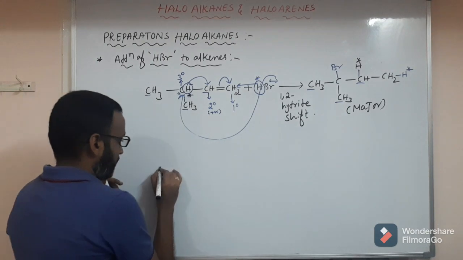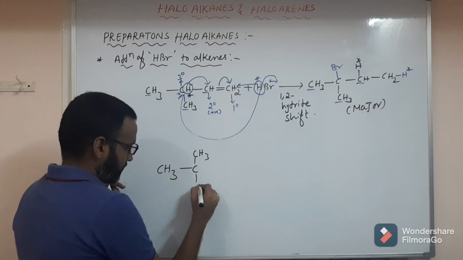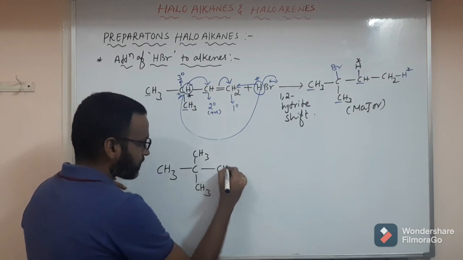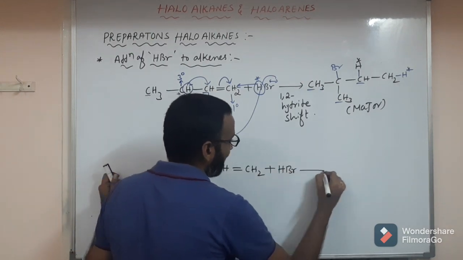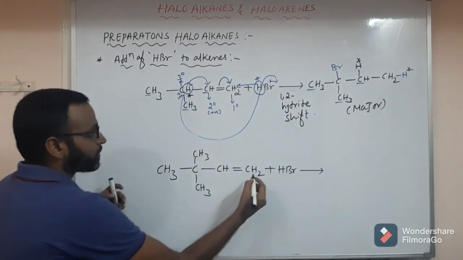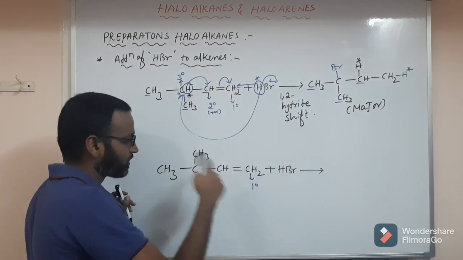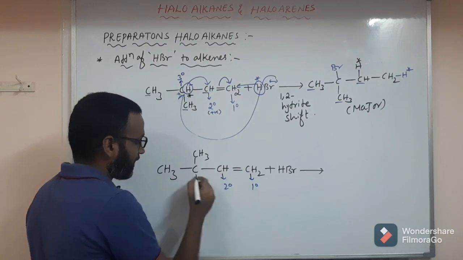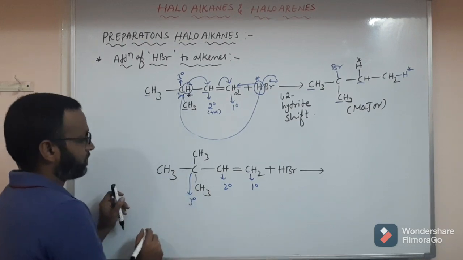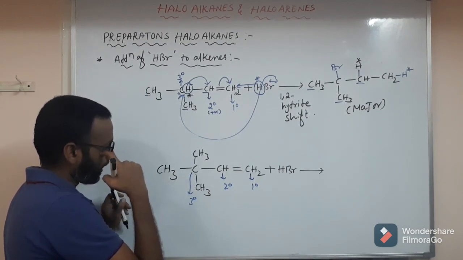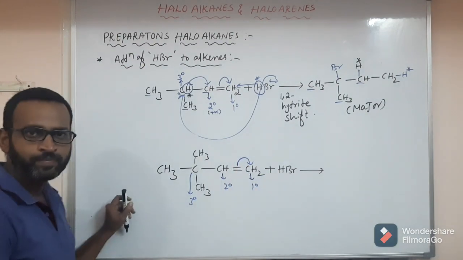You can have a 1,2 methyl shift in the same manner. You have this CH, double bond CH. First you have to observe what we have over there. You have to note that this is primary, this is secondary, and this carbon is tertiary. This one is tertiary, okay. So first H will add over here, and migration should be like this, no problem.